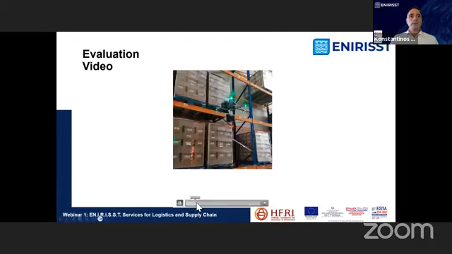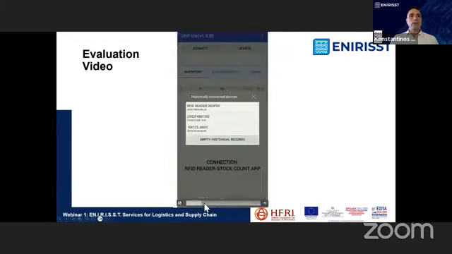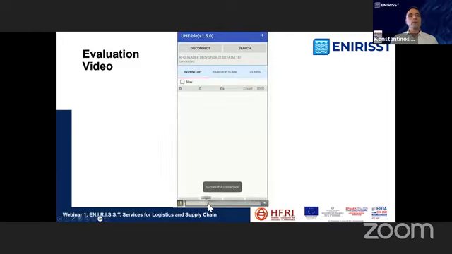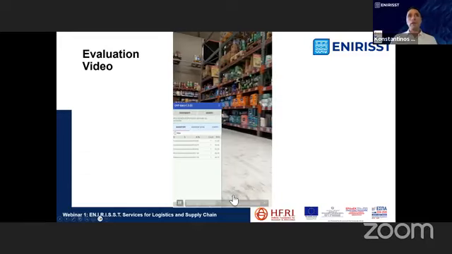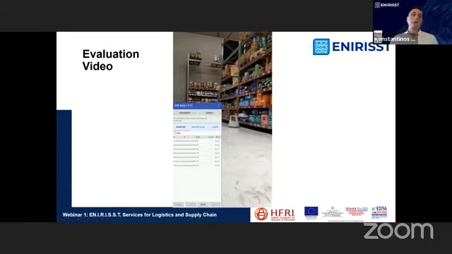And you can see that as it flies around the distribution center or the warehouse, it picks up the signal from the RFID, and then it automatically logs the unique identifier of the product into a software which we have developed, and this log is what can be exported at the end of the process to the warehouse manager.